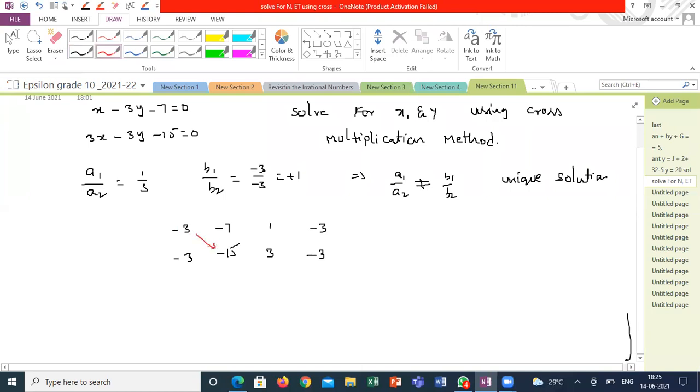The red color will be for x, the black color will be for y, the blue color will be for 1. Cross multiply and find out what ratios you are getting first. I need the ratios: x by what value, y by what value, 1 by what value you are getting.